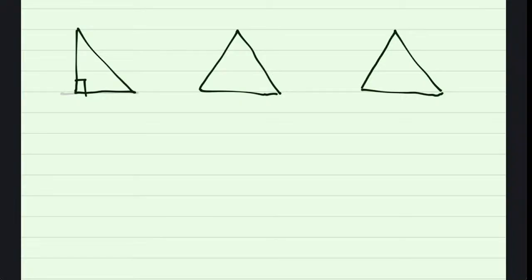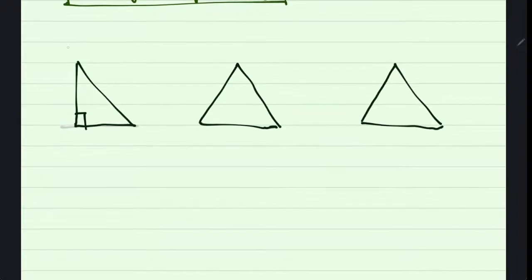Okay, so 3 types of triangles, and these are the 3. We have 1, 2, 3.